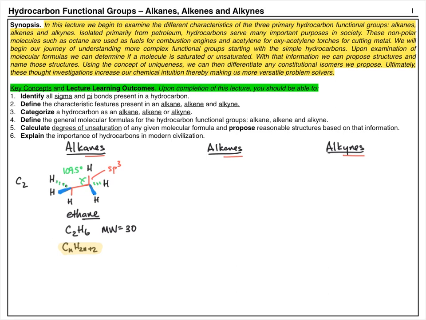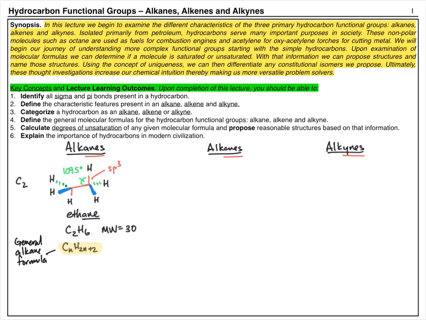So this is the general alkane formula. What do we mean by that? For ethane, when n equals 2, we plug in 2n plus 2, that gets us 6.